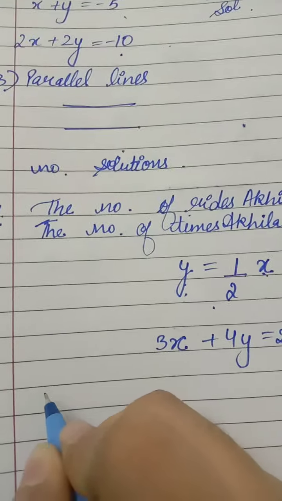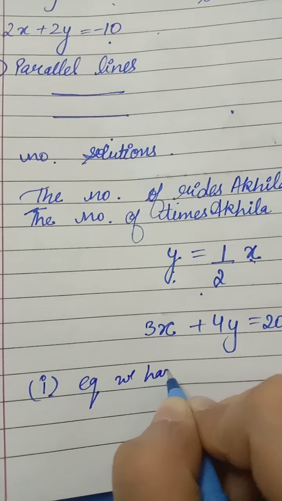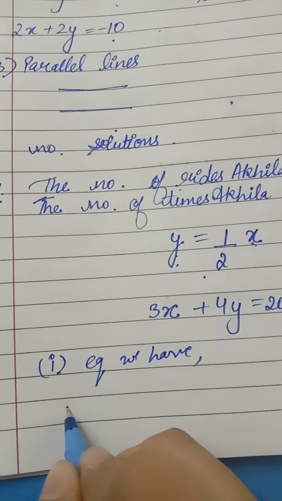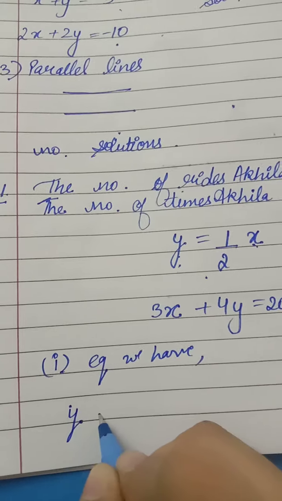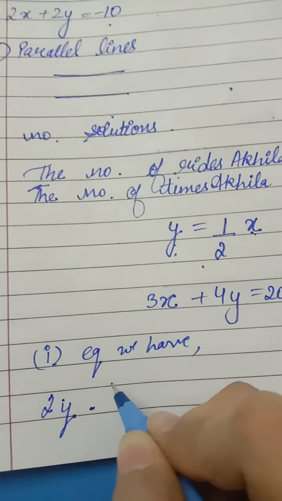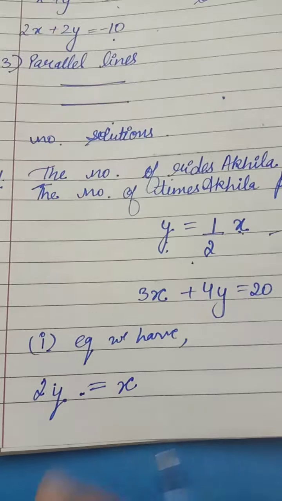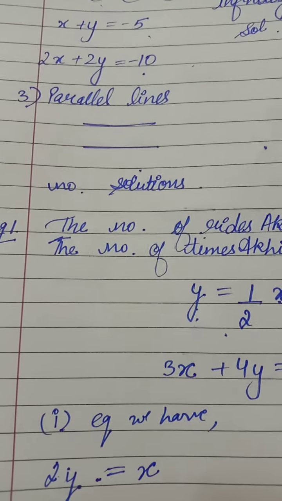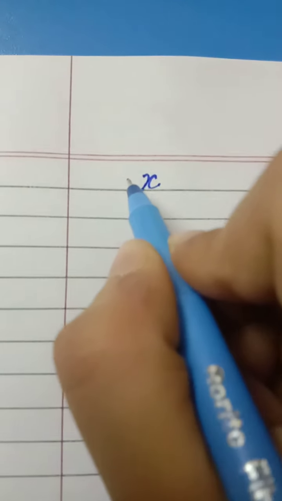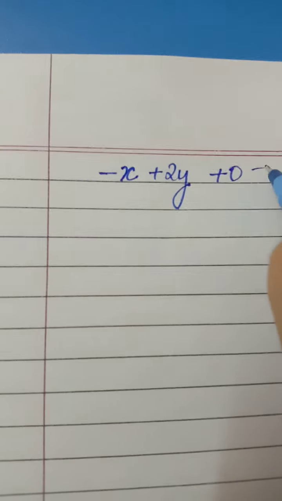The first equation we have is 2y = x. If we write it in our standard form, we get x minus 2y plus 0 is equal to 0.